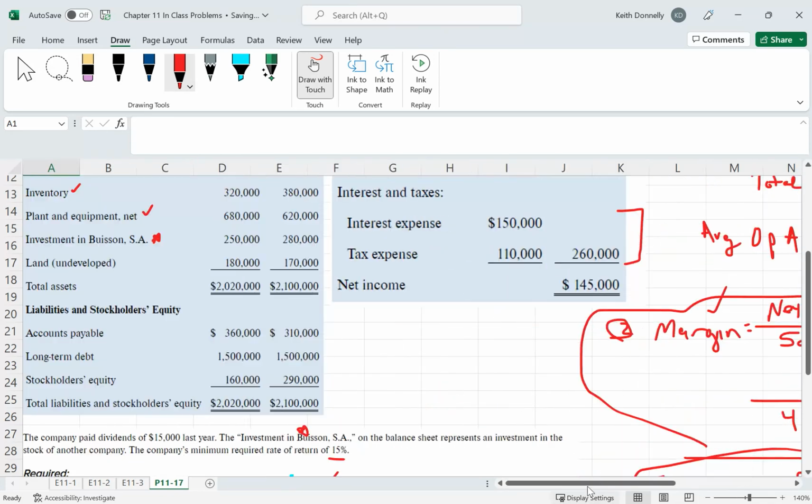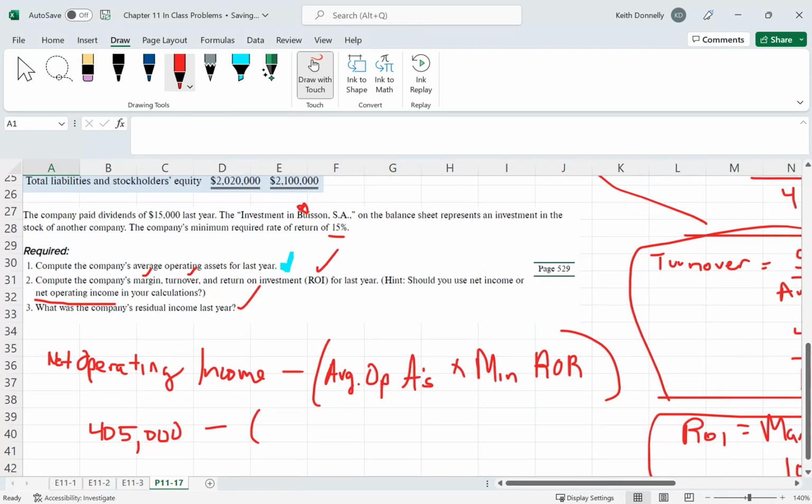All right, so that's going to be 1,620,000. And then our minimum required rate of return, let's see, paid dividends. Okay, here we go. Minimum required rate of return is 15%.